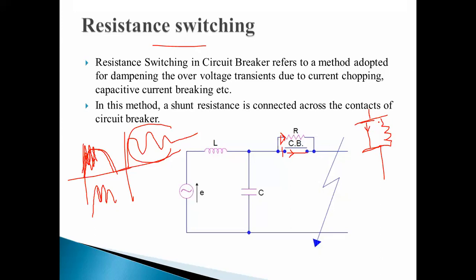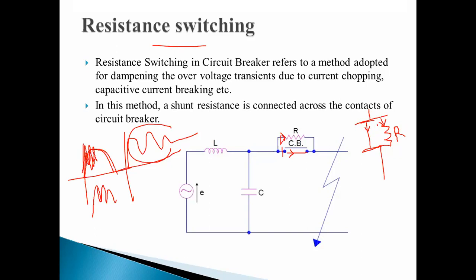Some current is flowing through the arc, some current is flowing through this resistance R. So when current flows through the resistance R, the current flowing through this arc decreases. Arc is nothing but a number of ionized particles, and these ionized particles get decreased when we connect one more resistance in parallel with it.